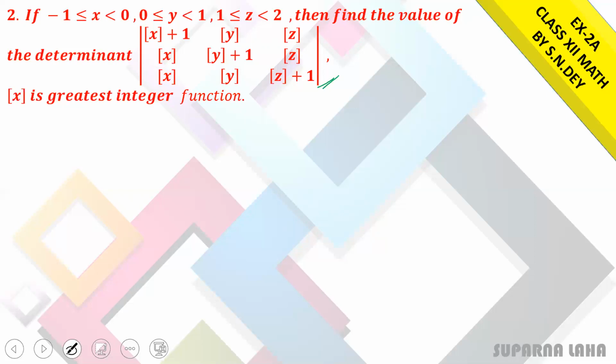This is an order 3 determinant. And what is this box x? Box x means the greatest integer function. You already know that. That means this is equal to the greatest integer less than or equal to x.